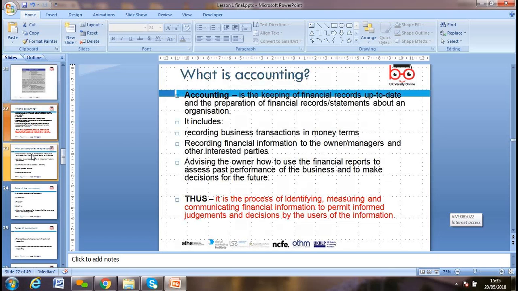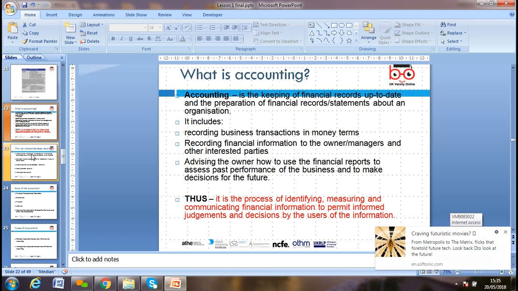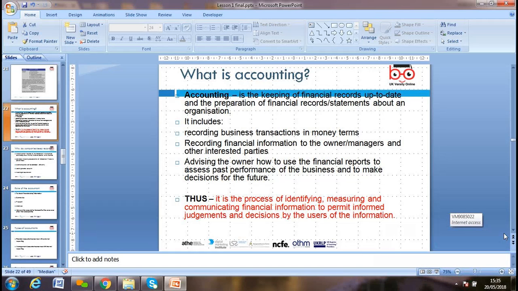What is accounting? What is management? Accounting means keeping the financial records up to date and preparing financial records and statements about the organization. It consists of recording the business transactions in money terms, reporting the financial information to the owners and the managers, and advising the owners how to use financial reports and assess the past performance of the business.